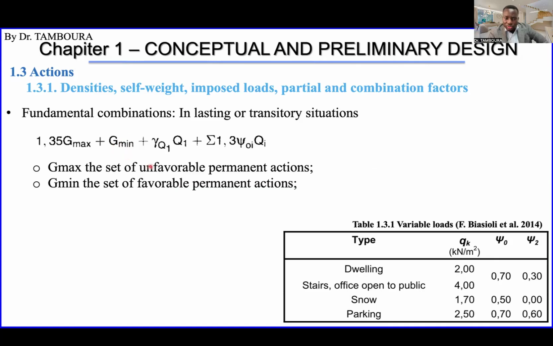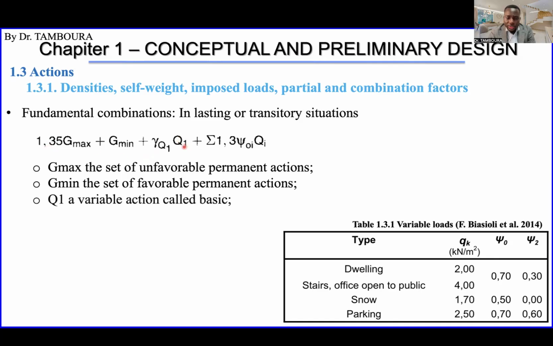In many cases, this one is absent, but it's not always absent. Sometimes you have loads that are permanent but are also good, helping to support. In that case, you don't multiply them by the partial factor. This partial factor, 1.35.